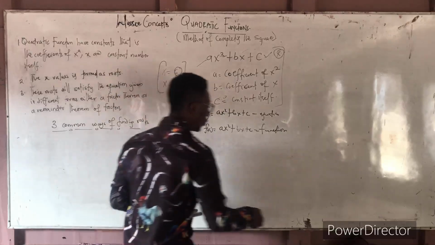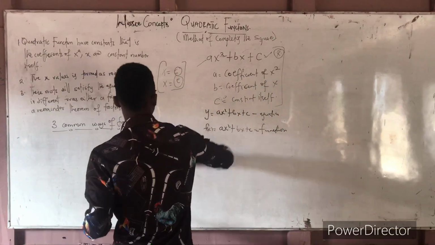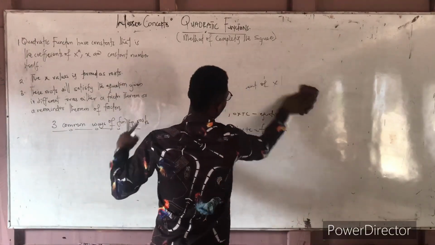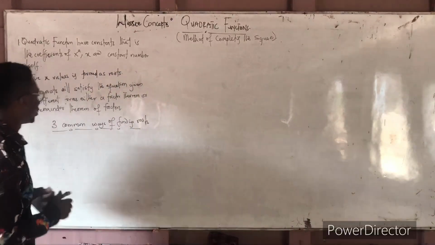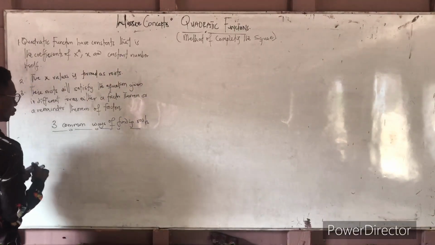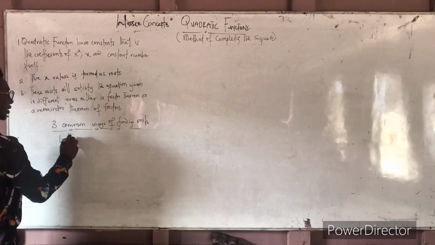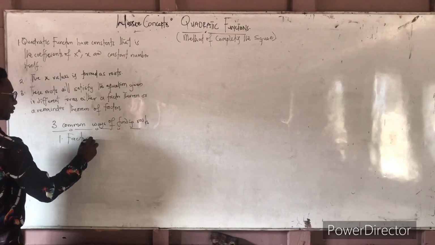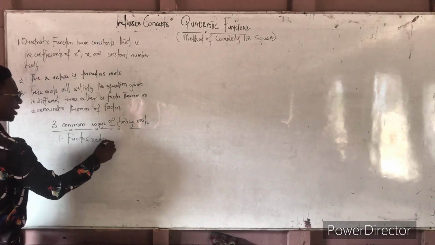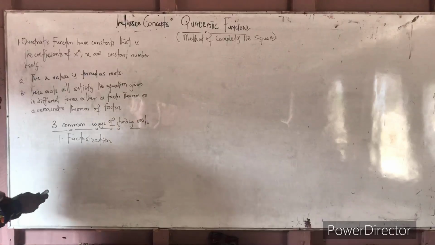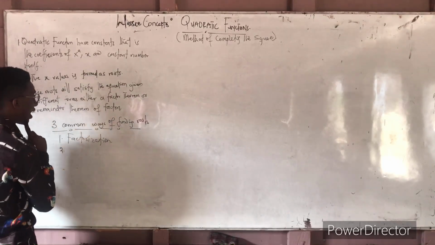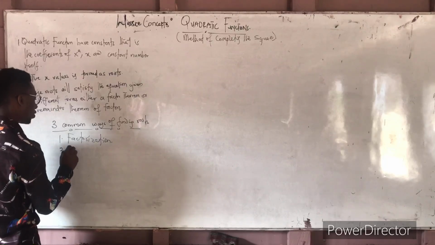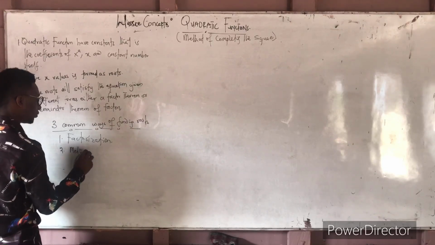Now there are three common ways of finding the roots of a quadratic function or a quadratic equation. One, by factorization. Two, by the method of completing the square.